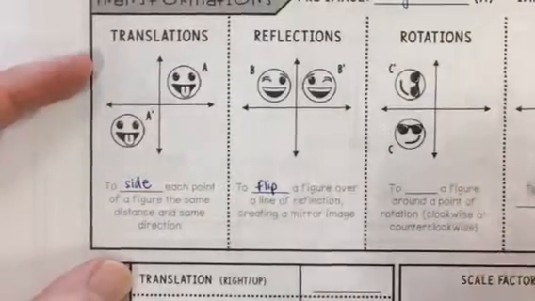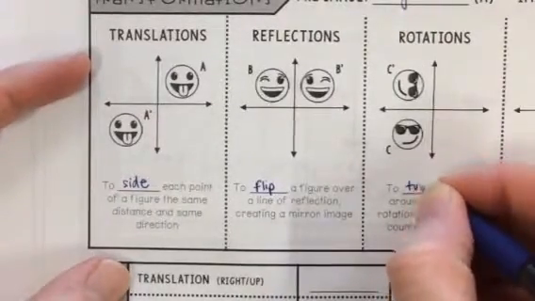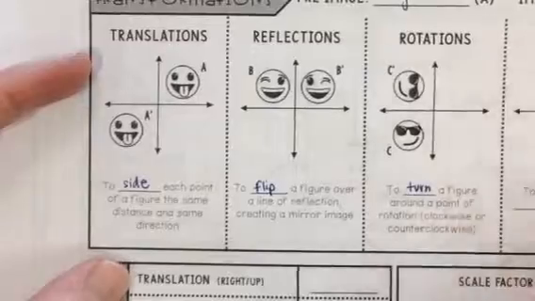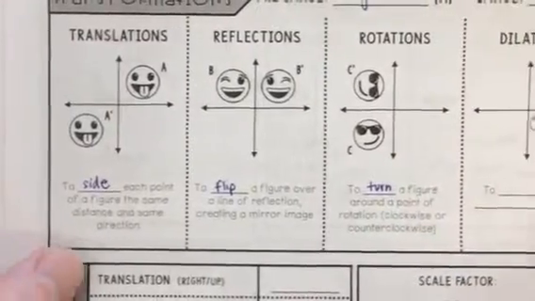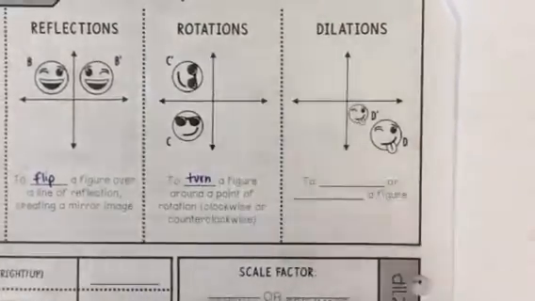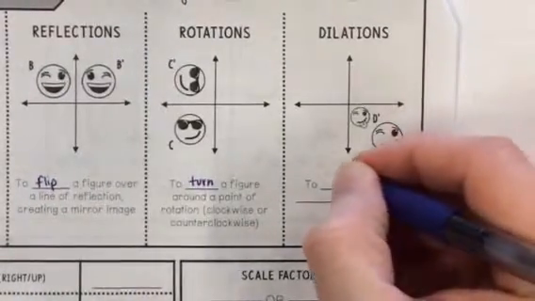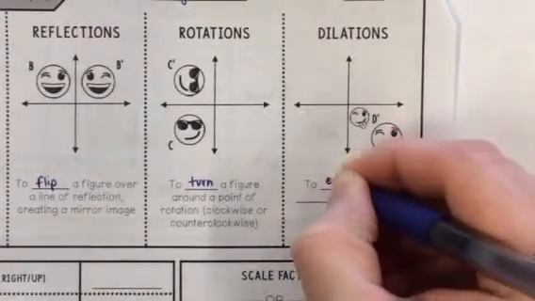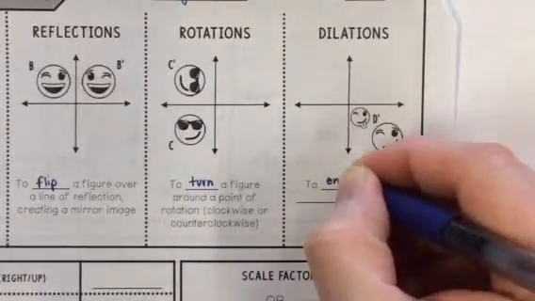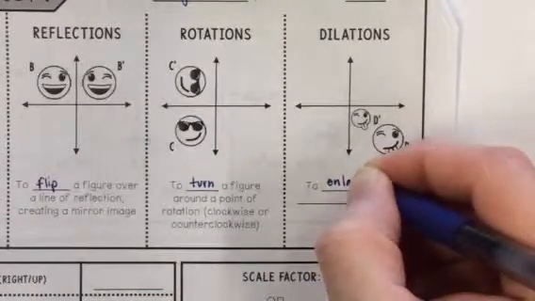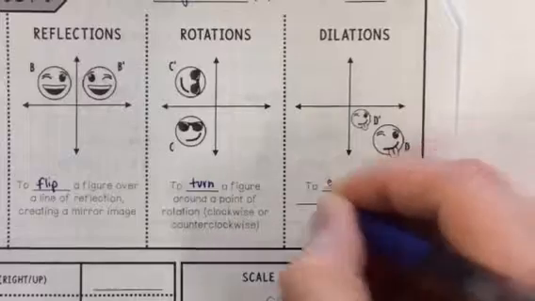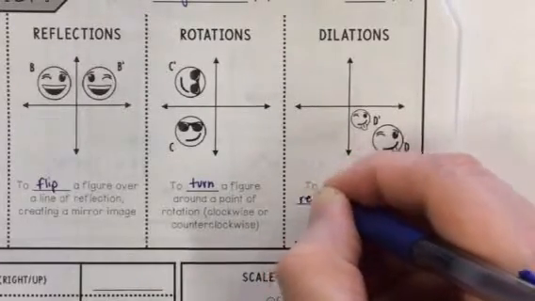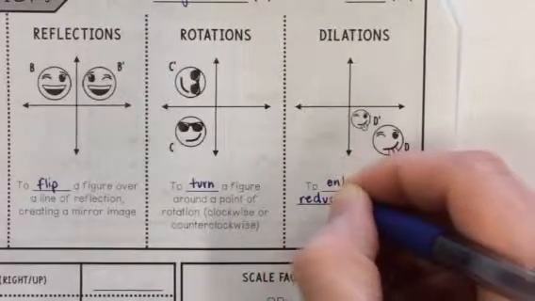A rotation is where you turn a figure clockwise or counterclockwise. And a dilation is where you enlarge or reduce a figure. And remember, that has to do with scale factor, which we'll look at here in a second.